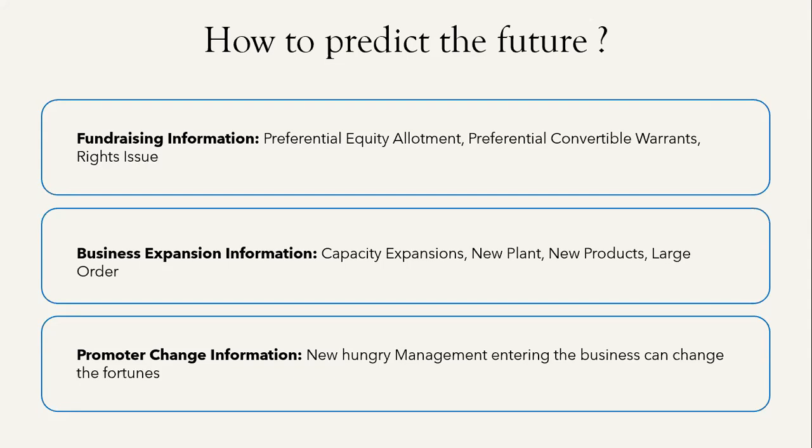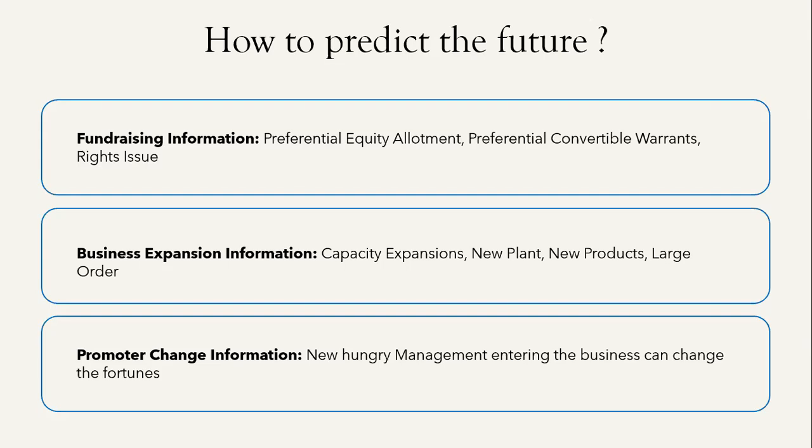So they're all forms of fundraising. If a company raises funds, most likely the company will grow fast and is likely to make money as well in the future. So fundraising information is a very important form of information.